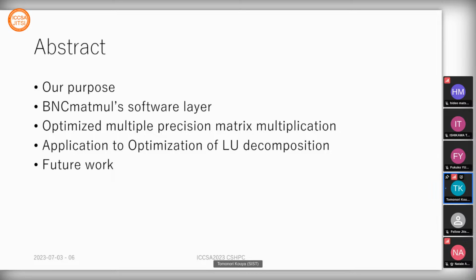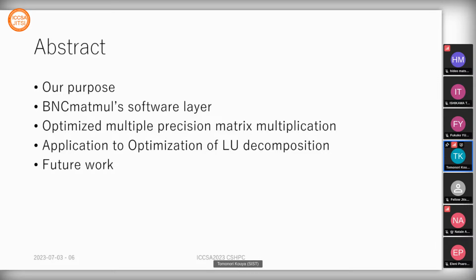First, our purpose of this study and the software layer of our optimized multiple operation linear computation library, BNC MatView. After that, I show the result obtained by a benchmark test of optimized multiple operation matrix multiplication.